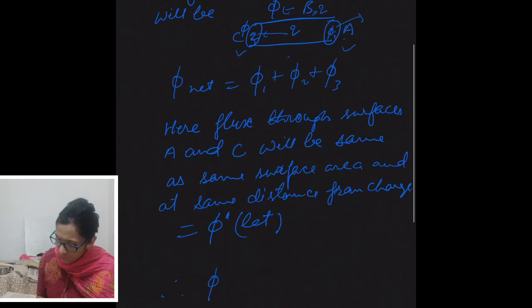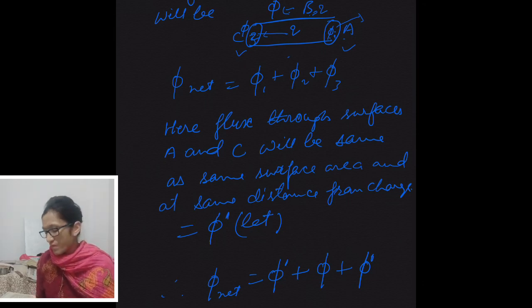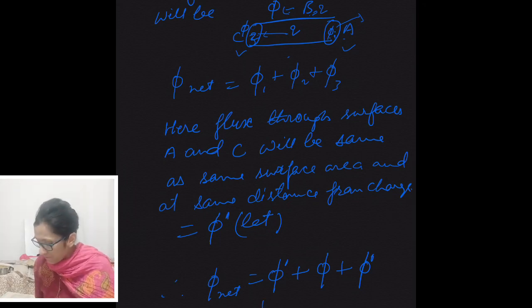It is equal to phi dash, let. Therefore, phi net is equal to, for surface 1 it is phi dash, for surface B it is given phi, and for surface C also it is phi dash.